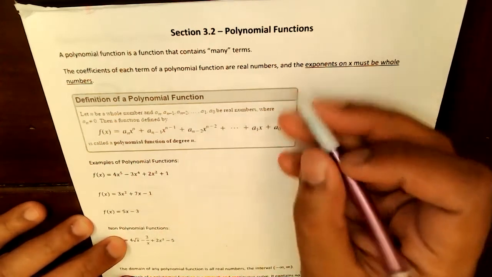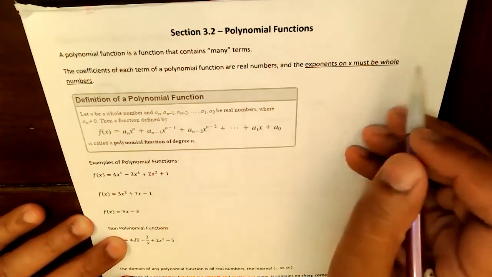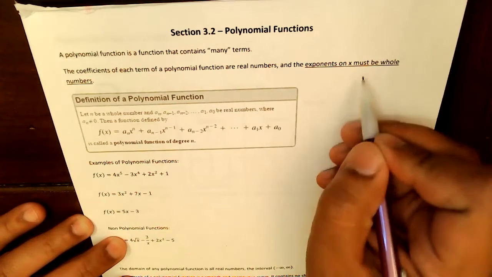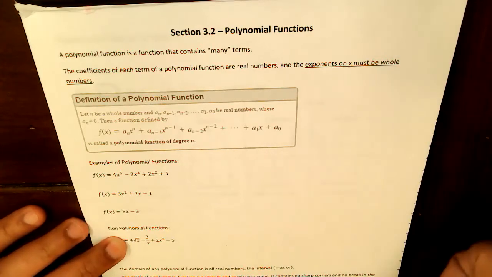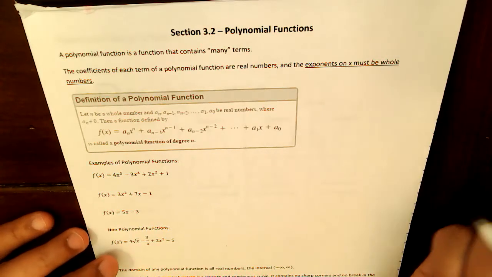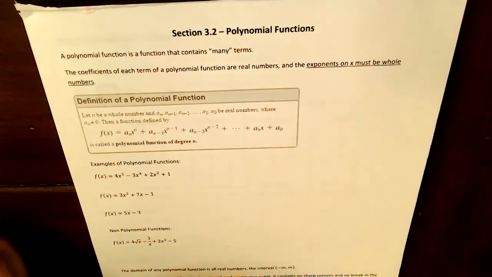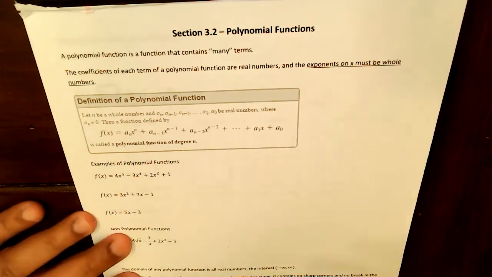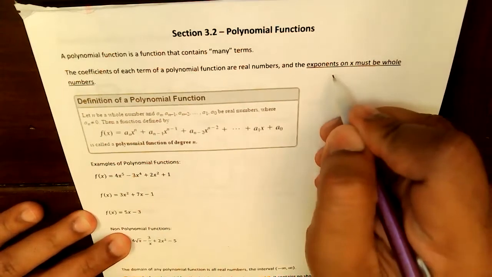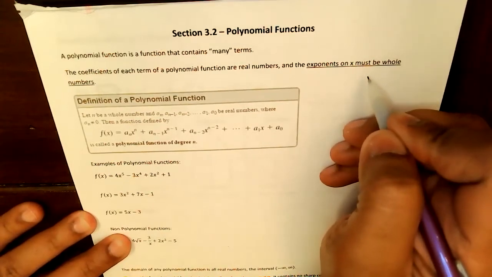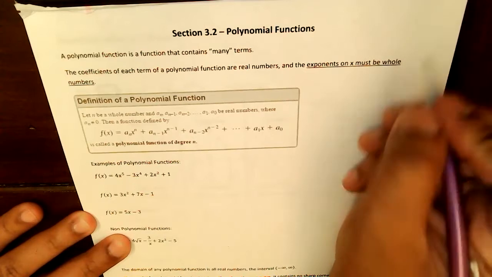Now, what makes it a polynomial, though, is that we have to make sure that the exponents on the x must be whole numbers. So in other words, if you have terms in your function that have a fraction in the power of the x or a negative in the power of the x, that would not be a polynomial function. So the main thing to remember is that the powers have to be positive whole numbers.